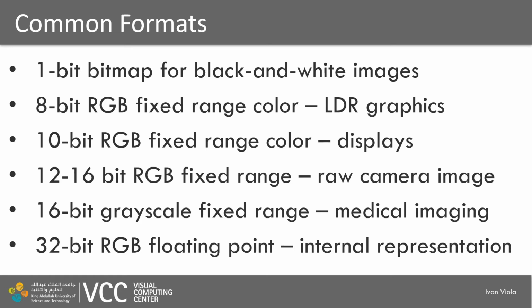But this allows us, for example, to choose the part of the intensity distribution which is the most interesting for us, and that will be converted into the 8-bit fixed range, and the other values will simply be clamped to either 0 or 1, because they are not so important for that particular picture.